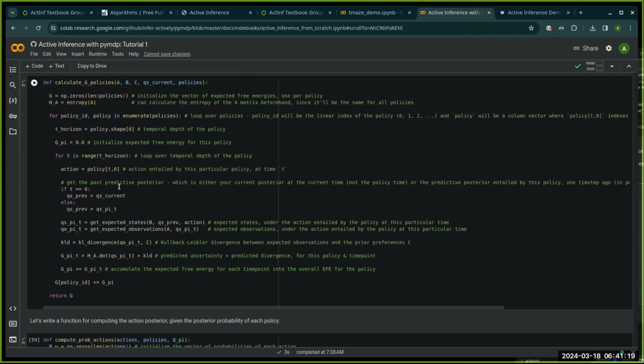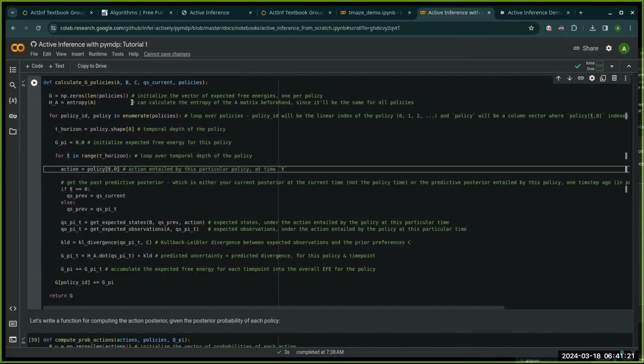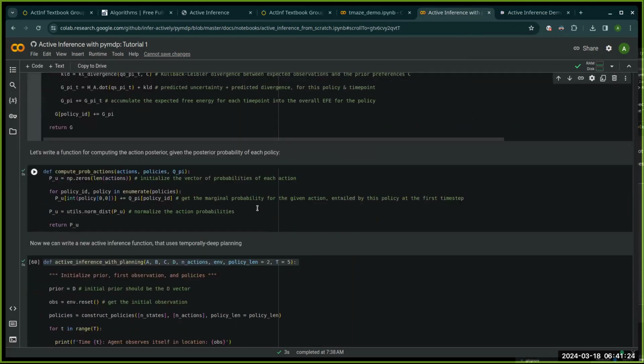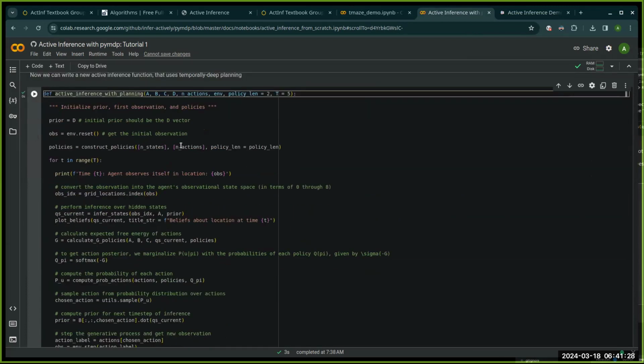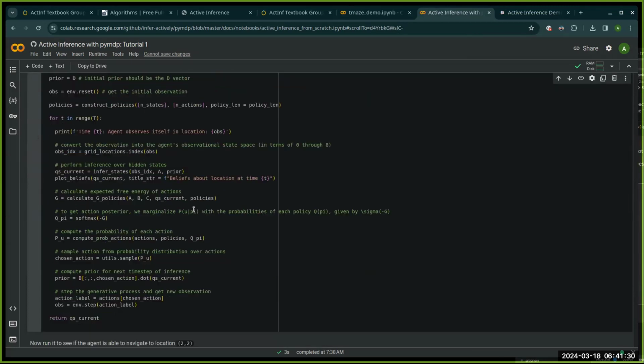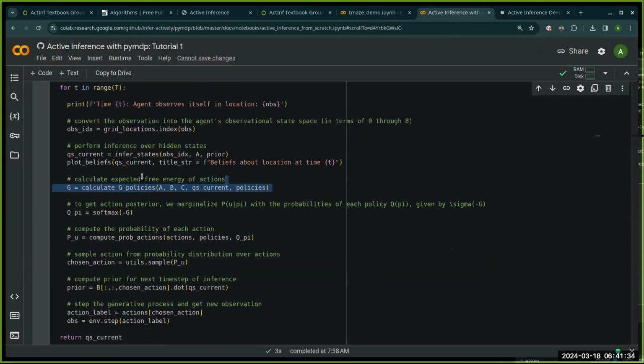Okay, now given that, here's where, when you're in the planning setting, the choice comes into play. Calculate expected free energy of actions. So here we are actually using expected free energy G, and it is calculating the expected free energy based upon essentially all the variables that come into play.